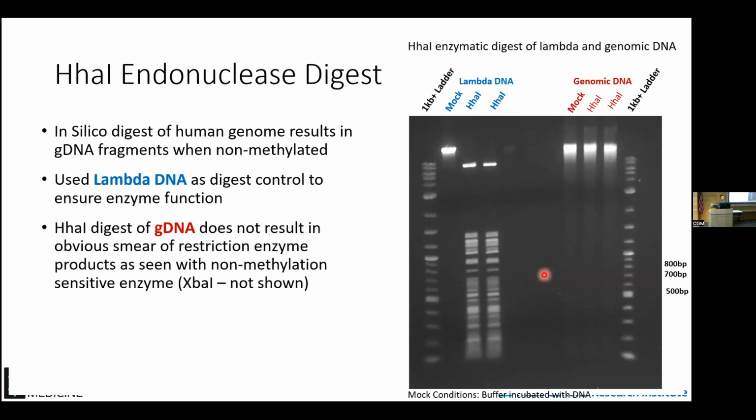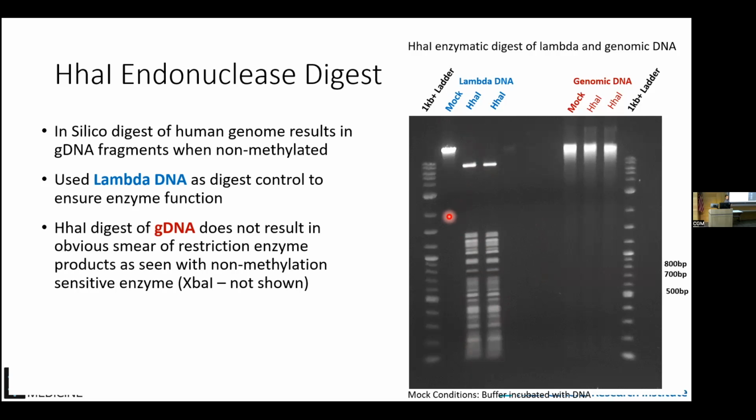The next step was to test the enzyme, to make sure it was working so we could digest both male and female DNA. My first step was doing an in silico digest, which produced thousands of DNA fragments when this genome was non-methylated. We also used lambda DNA as our digest control, which showed in these 2 wells that our enzyme is functioning and is digesting DNA.